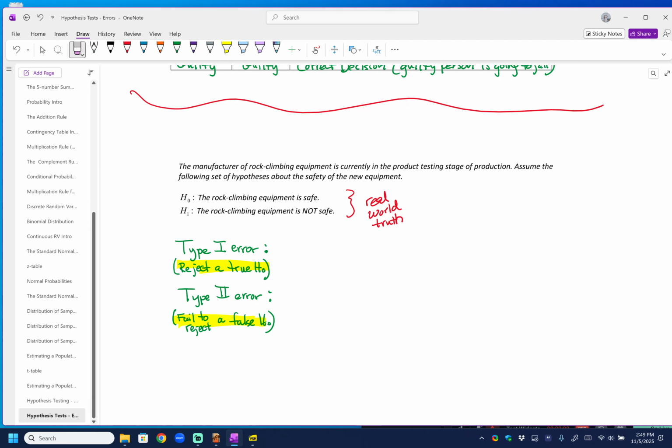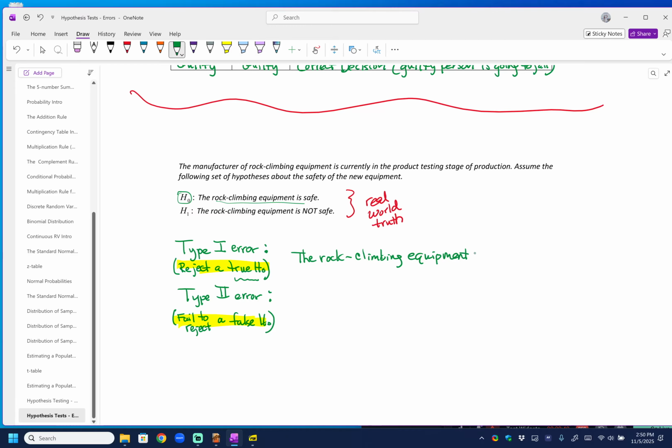So whatever the truth is, whether it's true or false, start with that. So for example, you could say, in this scenario, what would a true null hypothesis in the real world mean? That would mean that the rock climbing equipment is safe. So we start with that. We would say the rock climbing equipment is safe.